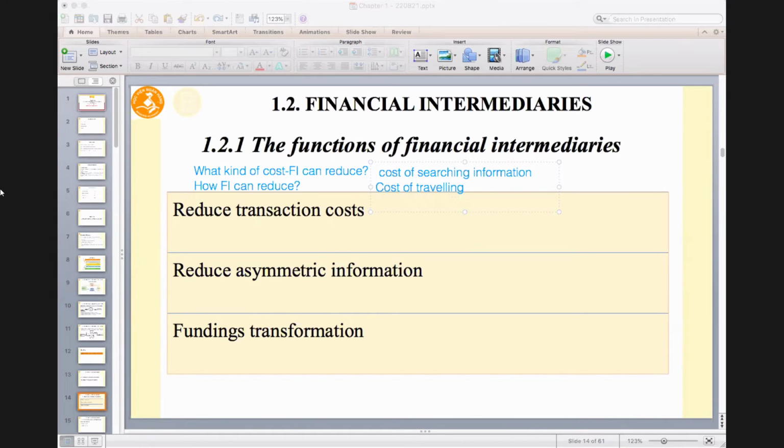So who wants to add another cost? For example, when you lend money to the neighbor, it means not by a bank or a financial intermediary. So you have to monitor what he or she uses the money to do.